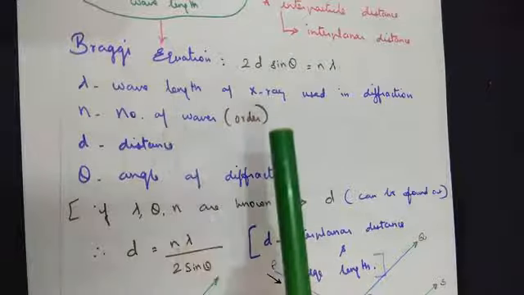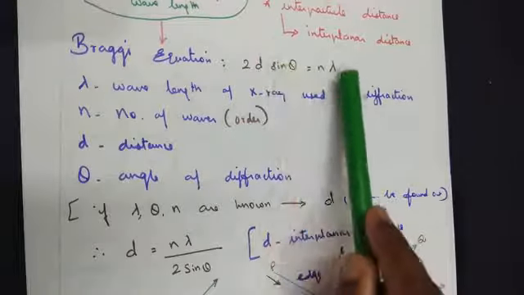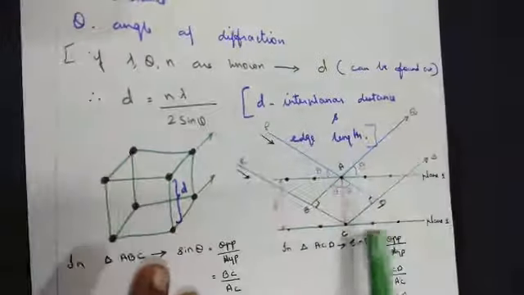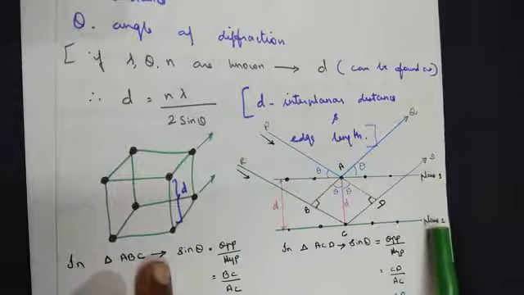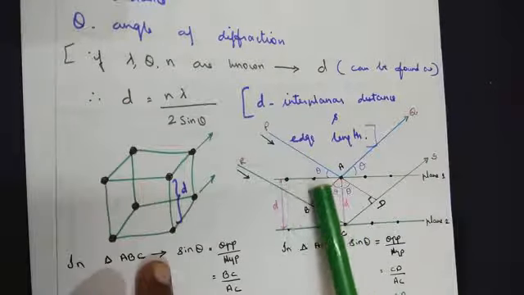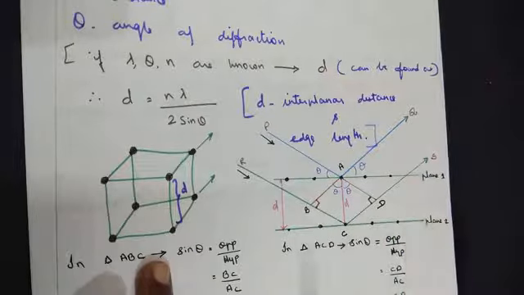Let's learn in short how we get 2d sin theta is equal to n lambda based on the knowledge we get from two different planes. If you look at the structure here, I have taken two planes, plane 1 and plane 2. The black dots stand for the atoms, ions or particles arranged in plane 1 and plane 2.